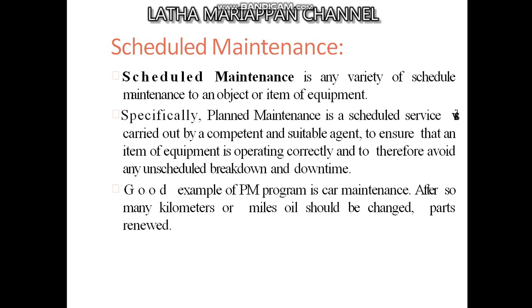A good example of a planned maintenance program is car maintenance. After so many kilometers or miles, oil should be changed and parts should be renewed, so you have to give it for service. That is scheduled maintenance. Once in 3 months or once in 6 months, you schedule a particular time to maintain your equipment.